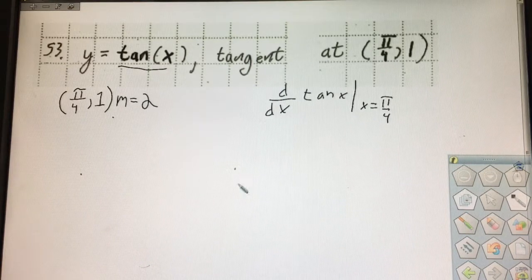The other way to do it is to know how to find the derivative of tangent by hand. And there's a little trick to find the derivative of tangent by hand. It goes like this: secant, secant, tan.